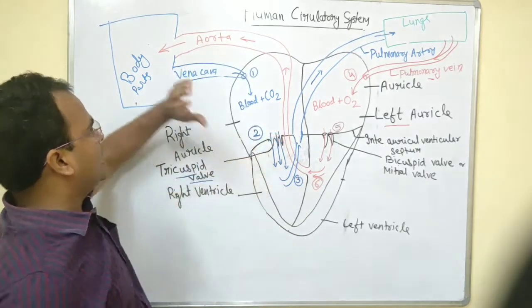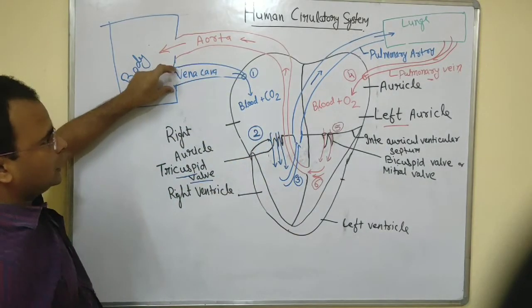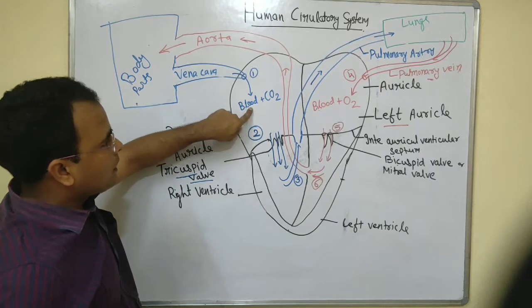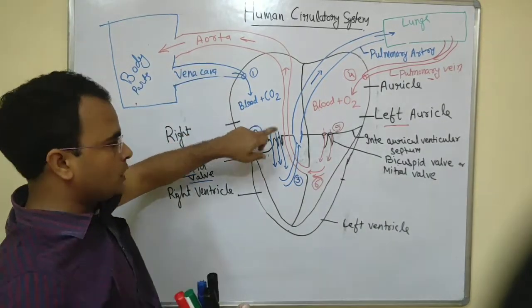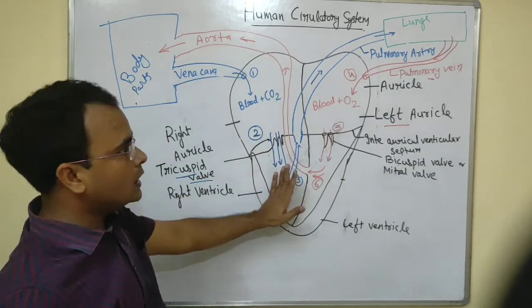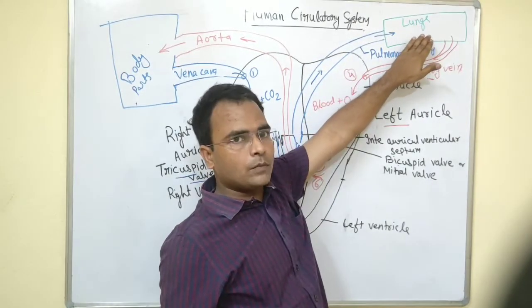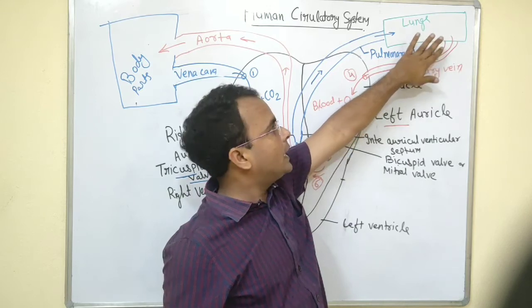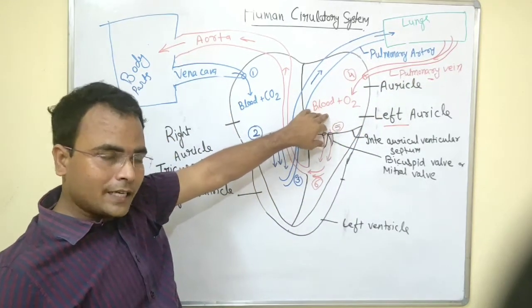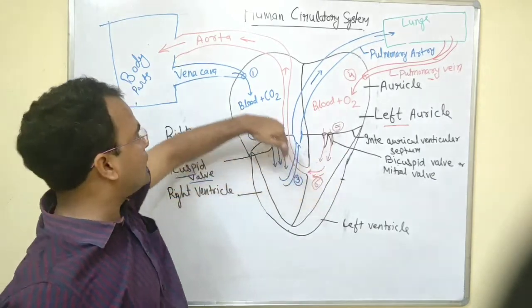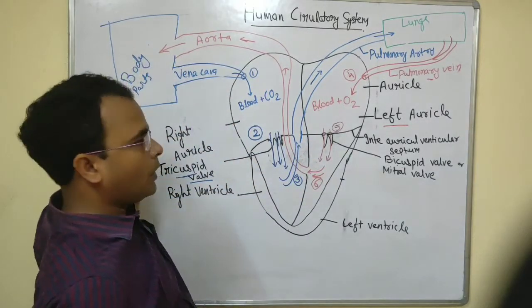So you can see that the same amount of blood comes from the body. It came first to the heart and it moved away from the heart to the lungs, and again the same amount of blood came back to the heart and then it went to the body.